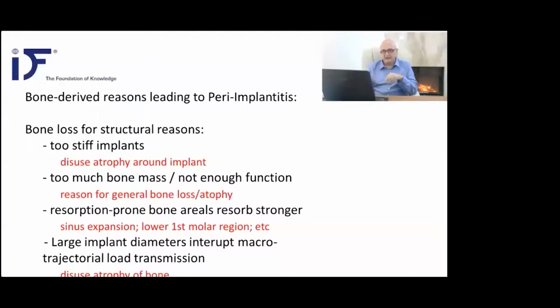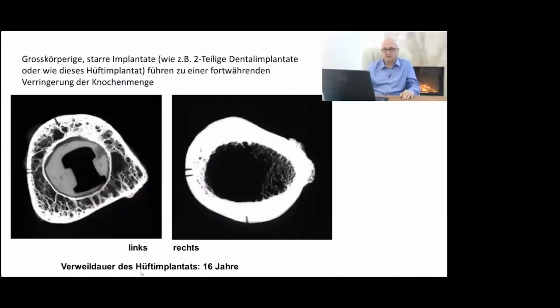And if there's an implant and this osteon comes along and wants to travel, then the osteon is stopping, and maybe it goes around the implant and continues there. Maybe it just stops. But in any case, the run of the osteons is interrupted by this. And around the implants disuse atrophy happens, and the osteons cannot form like they wanted to or like they have to, and this of course leads to bone loss.